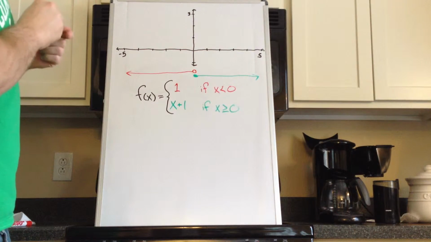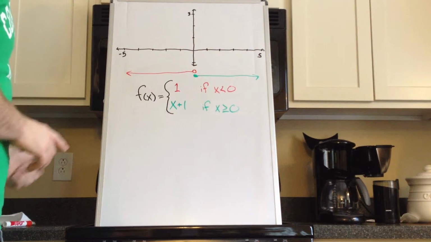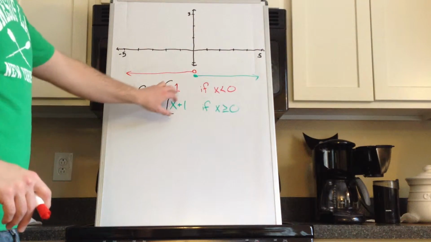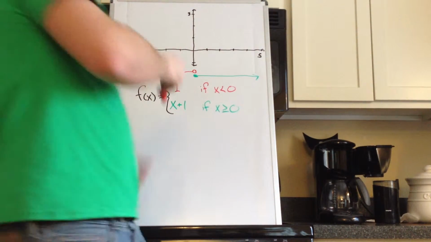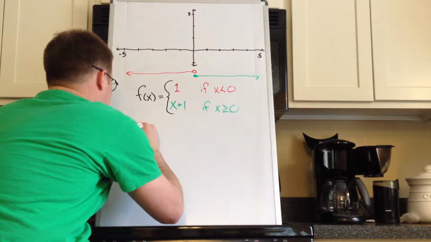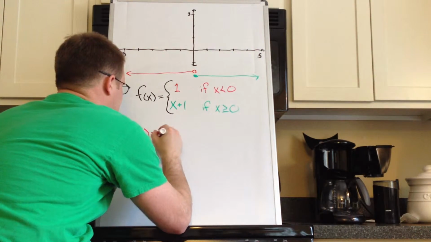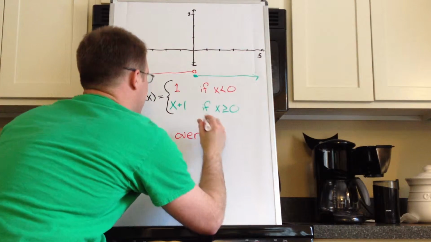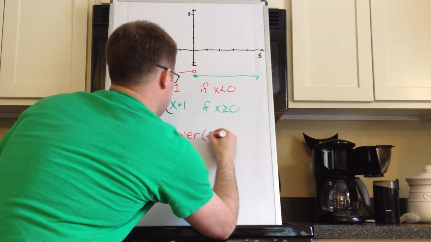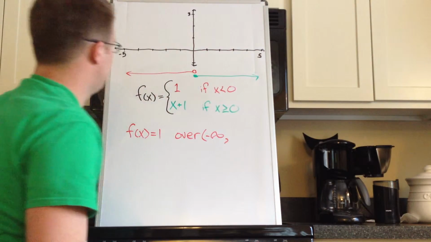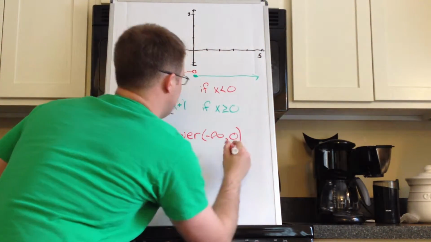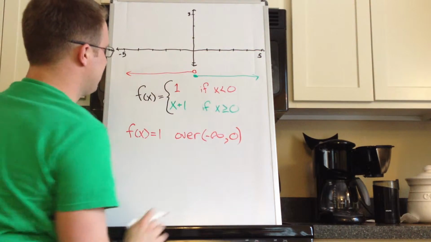So now what we have to do is graph these two functions over these intervals. This first function is just f of x equals 1. So we're going to graph f of x equals 1 over the interval from -infinity right up to 0. But with the parentheses showing that it doesn't include 0.